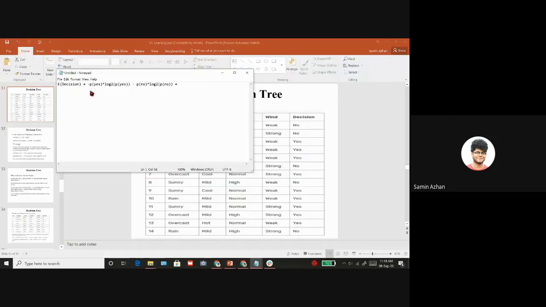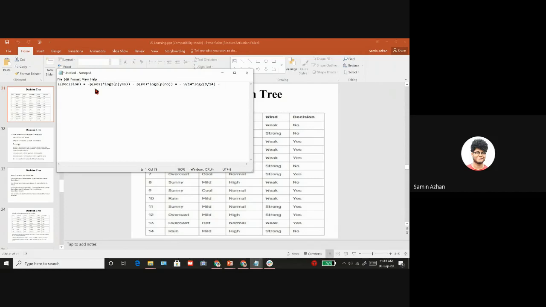So our probability of yes should be 9 divided by 14 times log base 2 of 9 divided by 14.